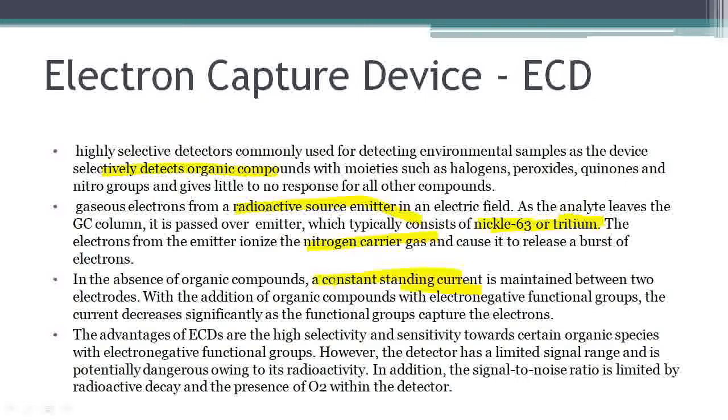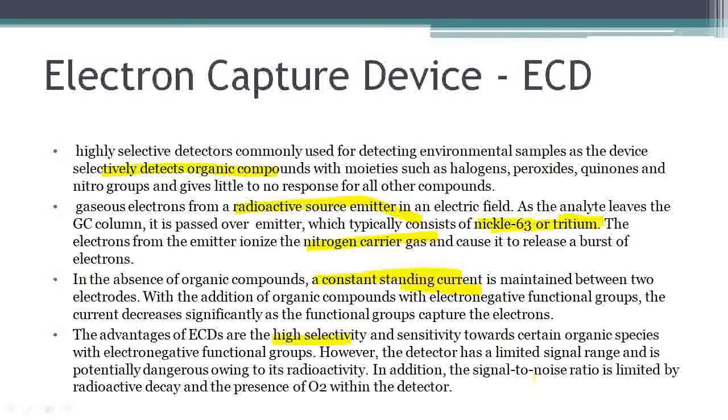So there are fewer electrons and there is a reduction in the current. These are highly sensitive for certain organic species and functional groups. However, it has a limited signal range and is potentially dangerous due to radioactivity.